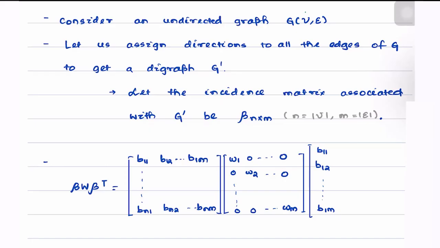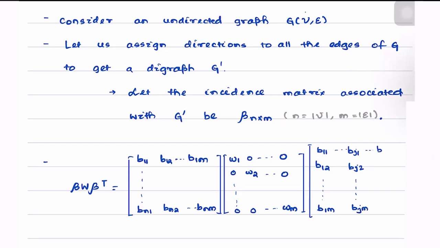The first column is given by B11, B12 up to B1M. We can also write some arbitrary column here as BJ1, BJ2 going up to BJM.